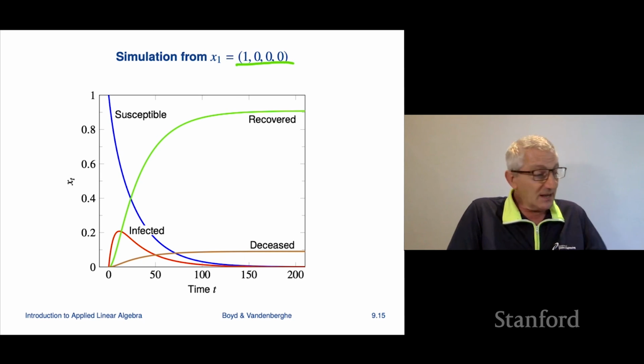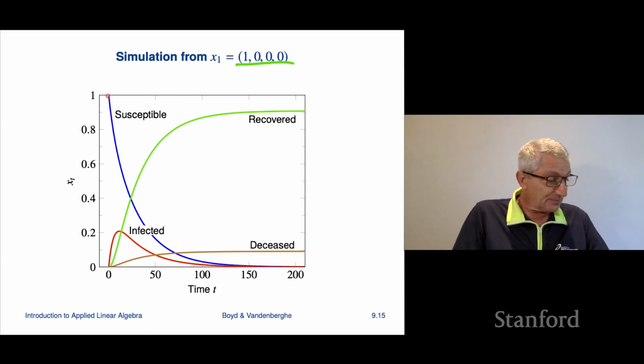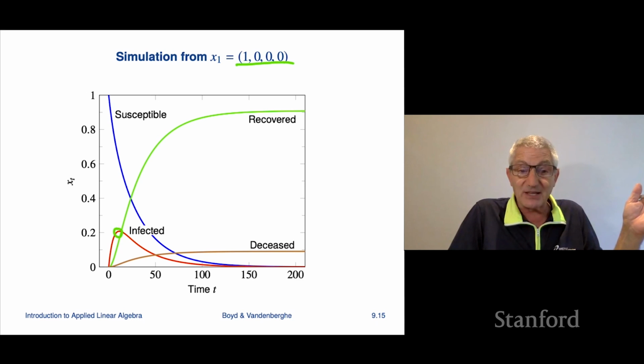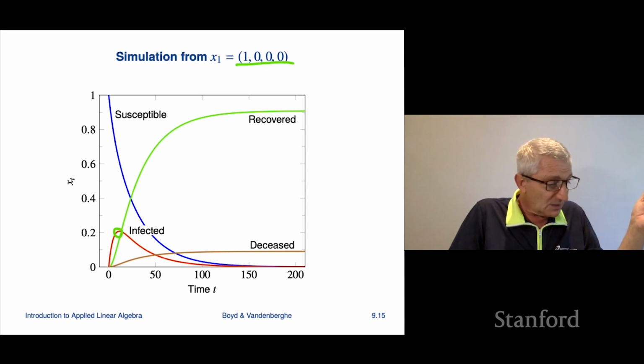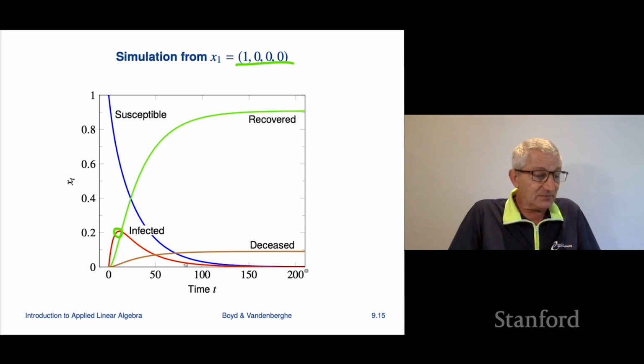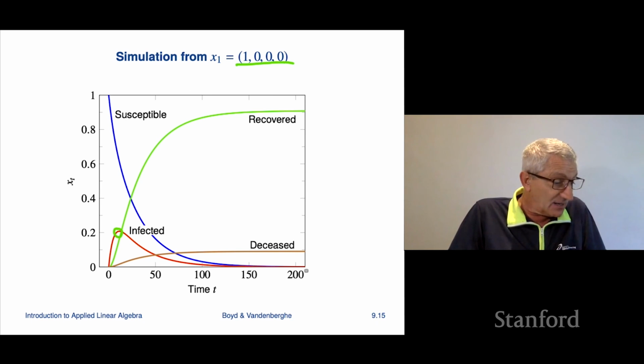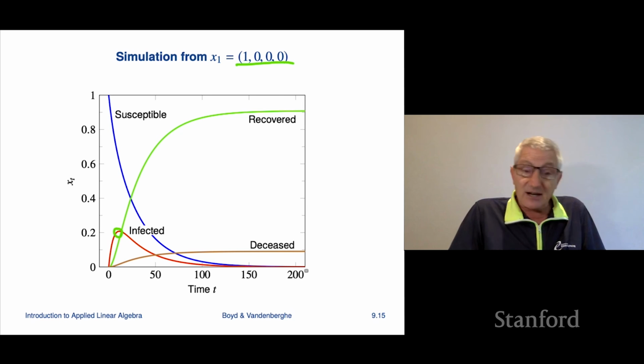So here's what happens. Everyone is susceptible. Very quickly, the infections ramp up. Now, what's kind of cool is the infections top out at about 20% of the population, right? And then they start going down. And you might ask why, and you'd say, well, probably for a couple of reasons.